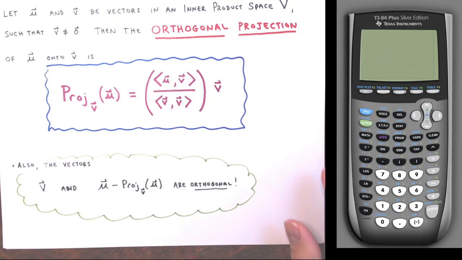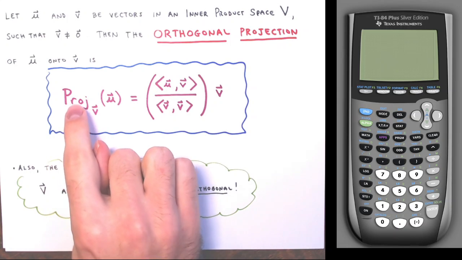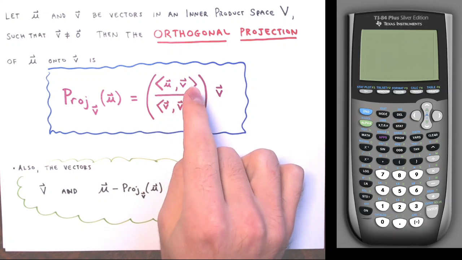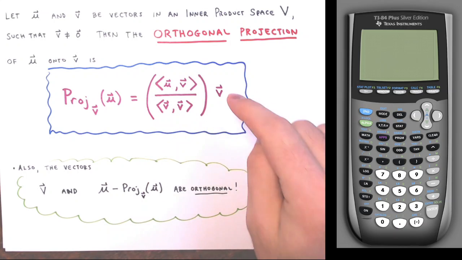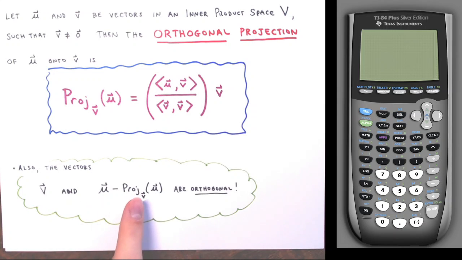So if u and v are vectors in some inner product space, and the one you're projecting onto is not the zero vector, then the orthogonal projection of u onto v is a scalar multiple of v, and that scalar is the inner product of u with v divided by the inner product of v with v, times vector v. And also, this will always happen: the vector v and u minus the projection of u onto v will be orthogonal.